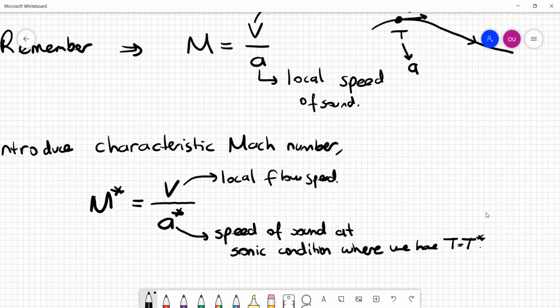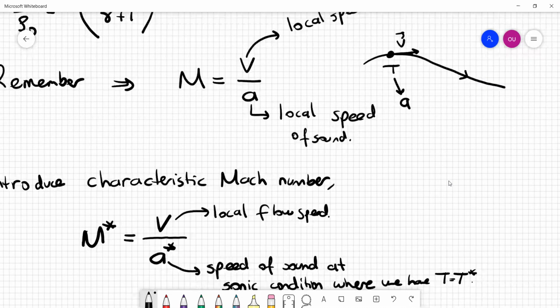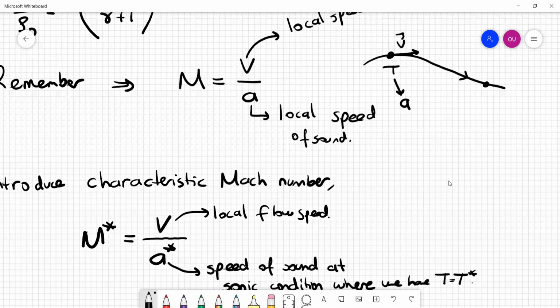If somewhere on the streamline I reach sonic condition, so T becomes equal to T star, this corresponds to an a star value. The ratio of this velocity to the local speed of sound is the local Mach number anyway.